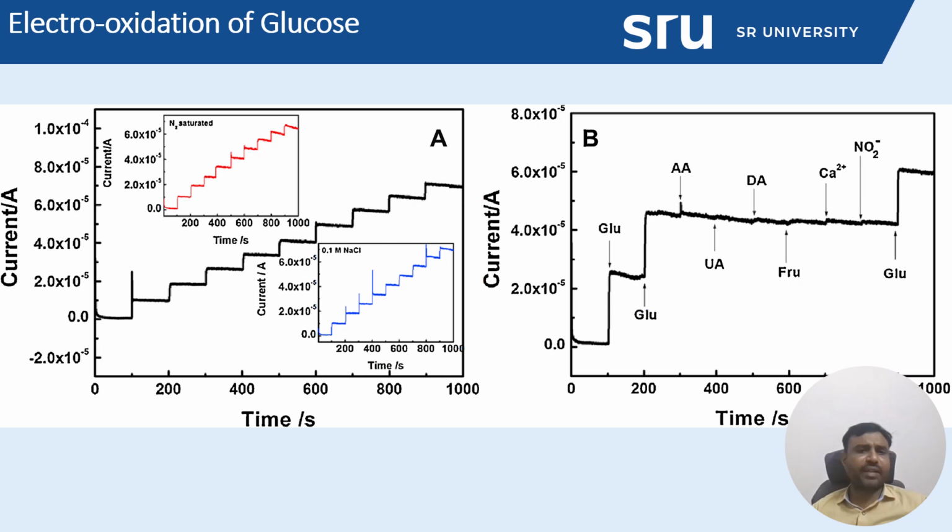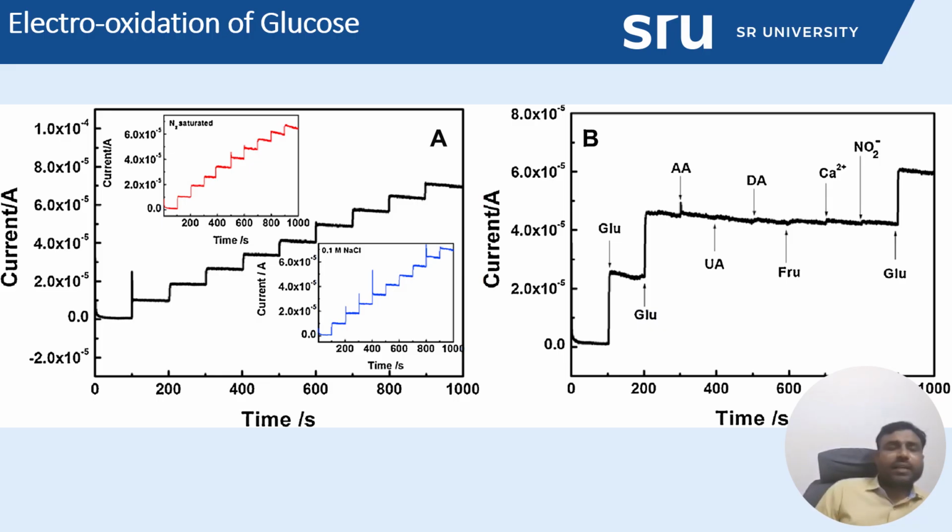Adding a rich amount of sodium chloride does not affect it, because our blood has a rich amount of sodium chloride salt. Similarly, we have performed the measurement in nitrogen saturated electrolyte solution, which means we have completely removed the dissolved oxygen.